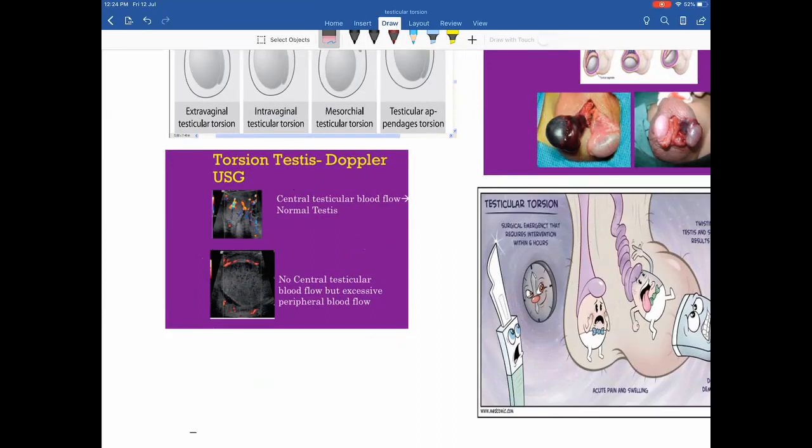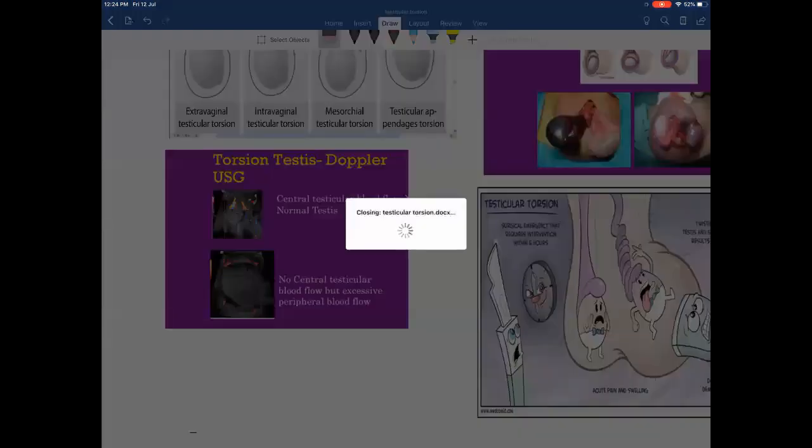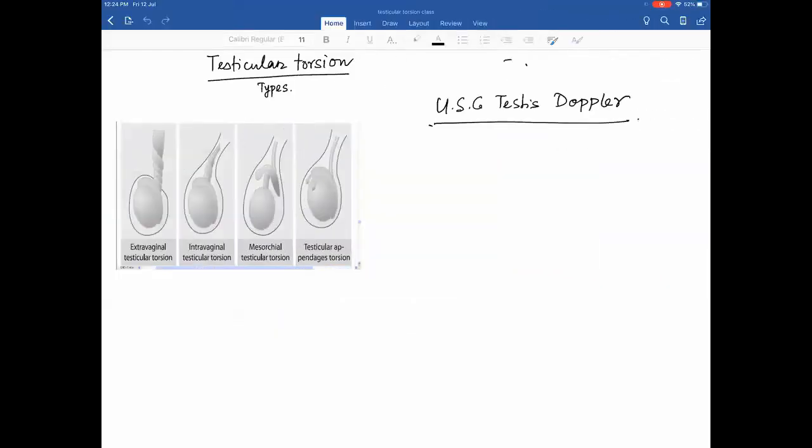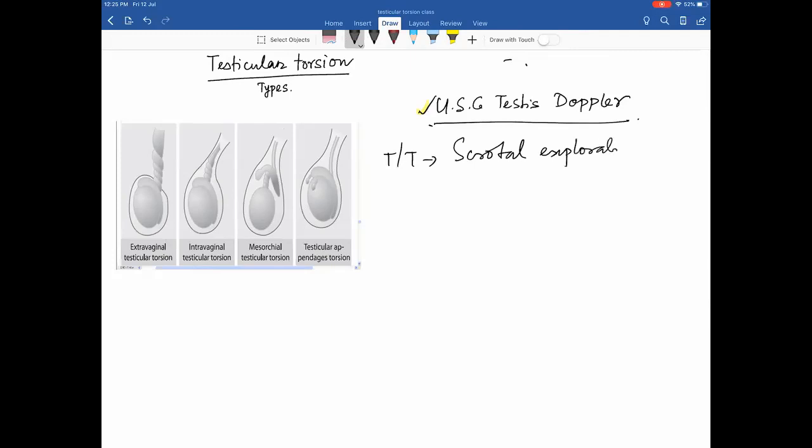Now, what is the treatment for this condition? The treatment is urgent scrotal exploration, and always remember it is bilateral scrotal exploration.